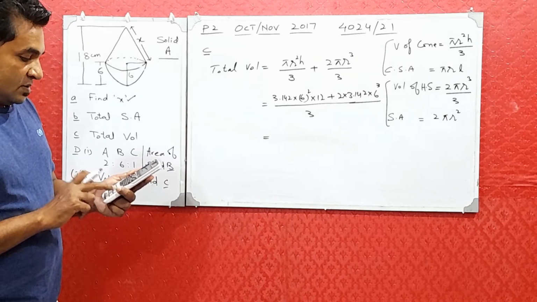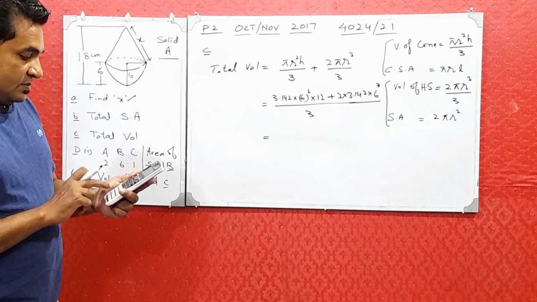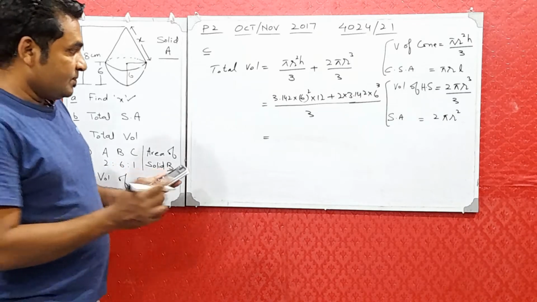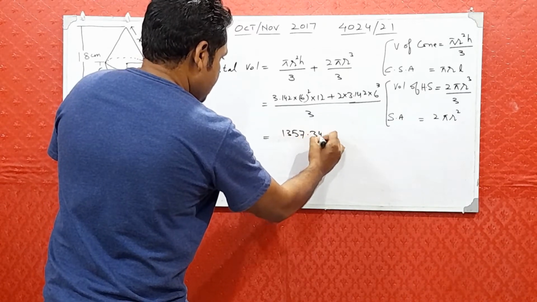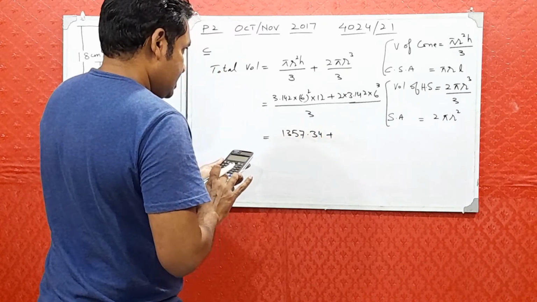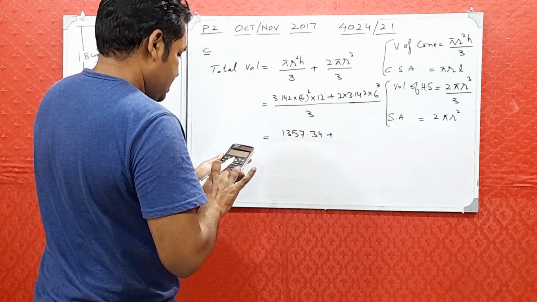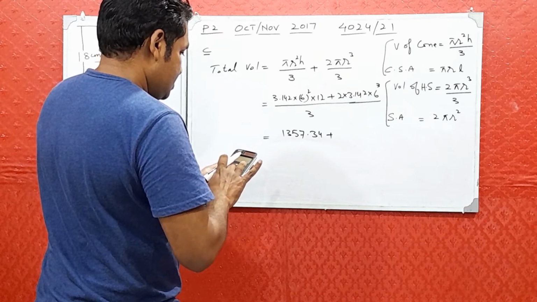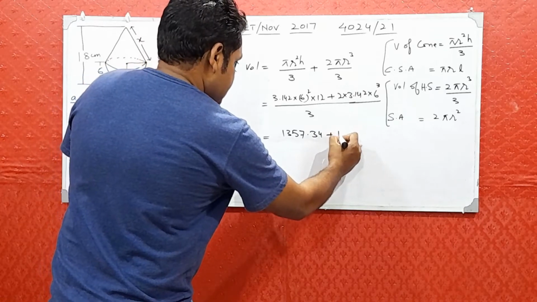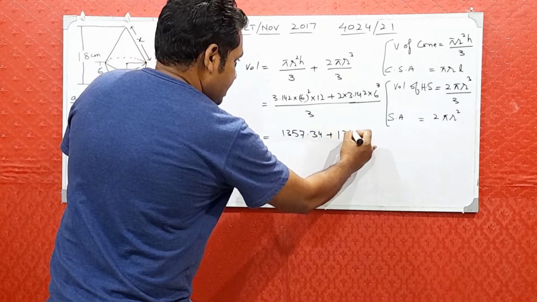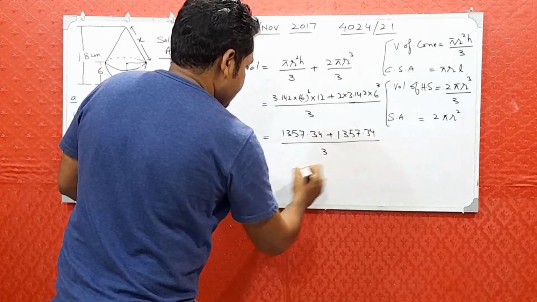3.142 times 6 squared times 12 is equal to 1357.34, plus 2 times 3.142 times 6 cubed, which is equal to 1357.34 divided by 3.